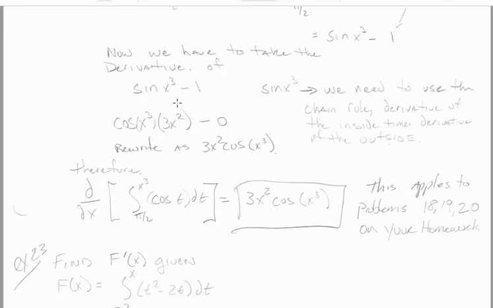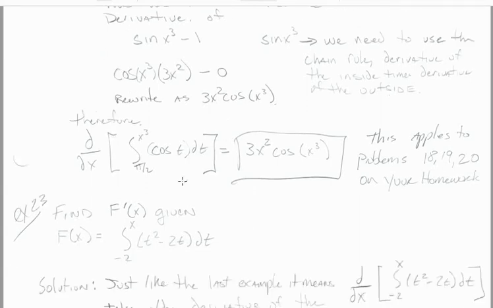The derivative of sine of x cubed is going to be cosine of x cubed times the derivative of the argument. The argument is x cubed, the derivative of x cubed is 3x squared, minus the derivative of 1, which is 0. So when we rewrite this so it makes more sense, it's 3x squared cosine of x cubed.